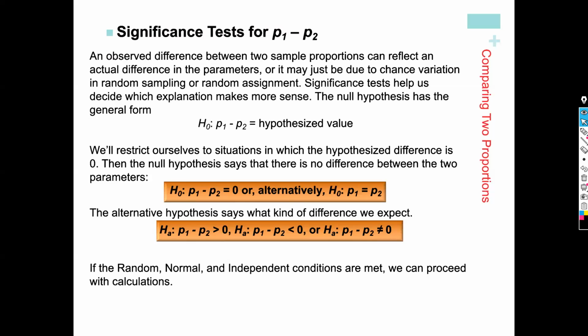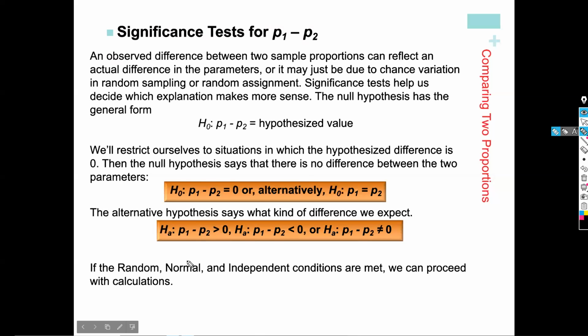Again, it's really important that you define which one is P1 and which one is P2, because that will tell you what direction the alternative is in. If it's going to help you, you can also state it this way.